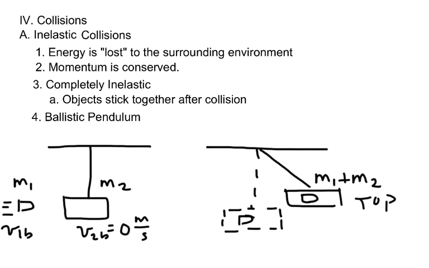This is an after situation, so right when the bullet and the block move, right after the collision, they move together, and there is this speed afterwards, what I call a VA. They each have the same VA, or velocity after, because they are stuck together. There is a height difference between the bottom of the swing and the top of the swing, and I'll write that blue H here.